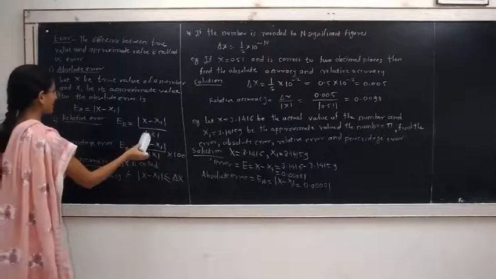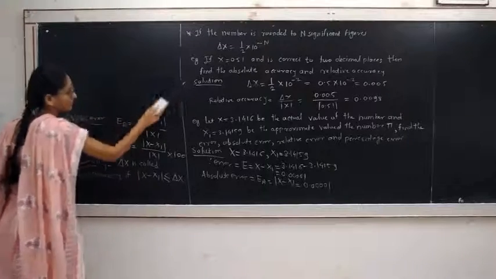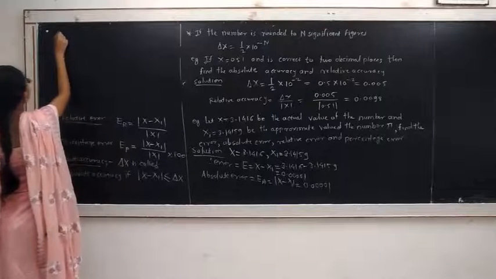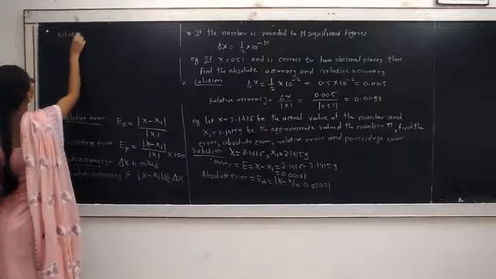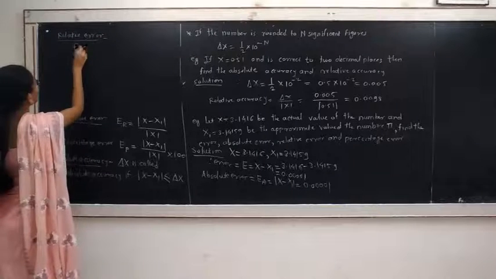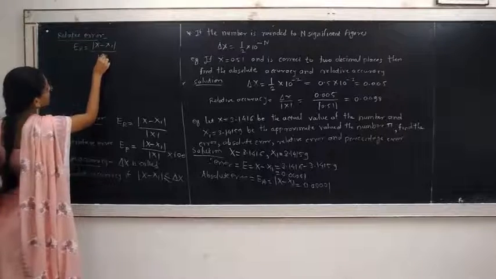The relative error is given by mod of x minus x1 upon mod x.